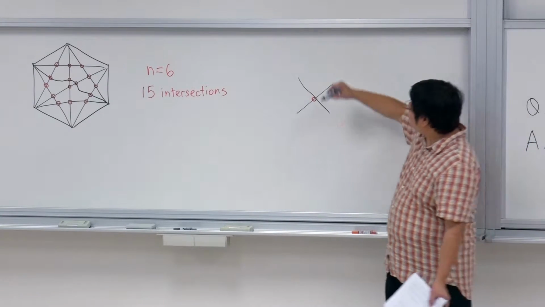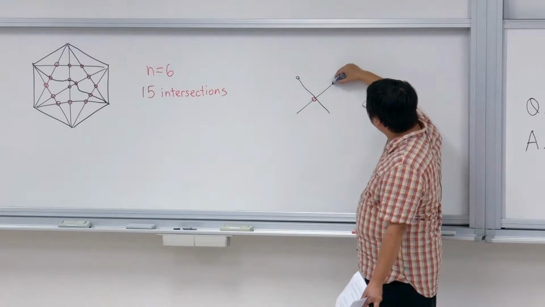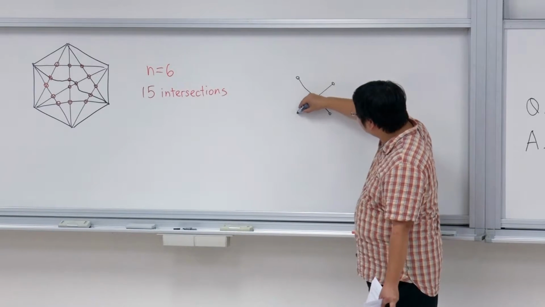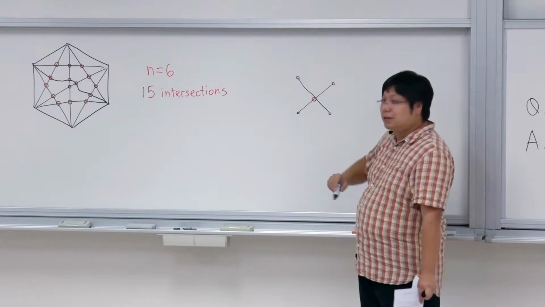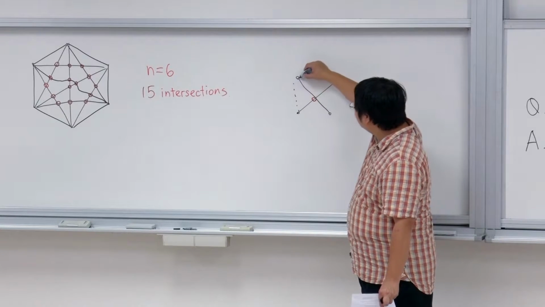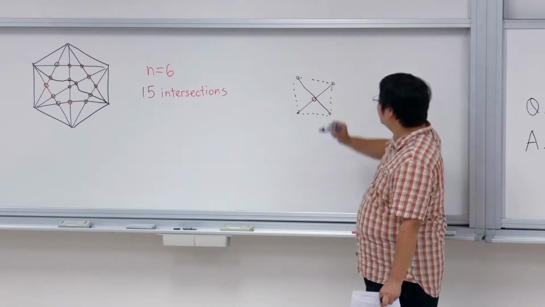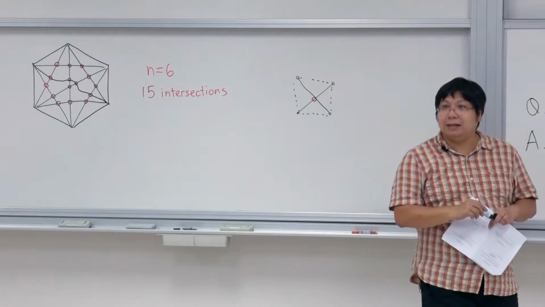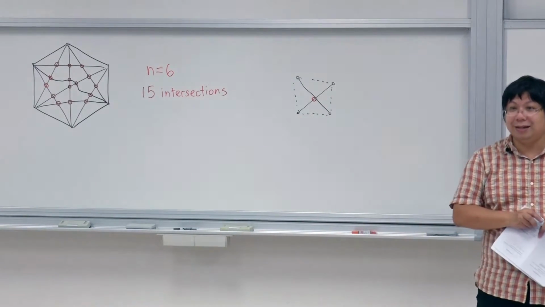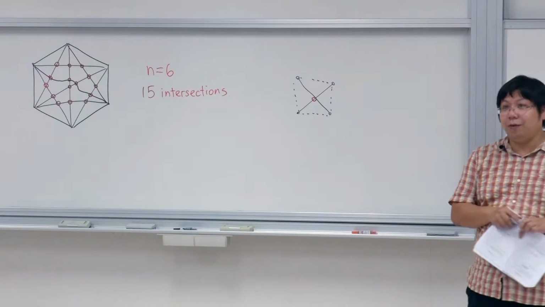These 2 diagonals come from this vertex, this vertex, this vertex, and this vertex, right? So when we look at these 4 vertices, we get an intersection. Is that okay? If we look at another 4 vertices, what will happen?